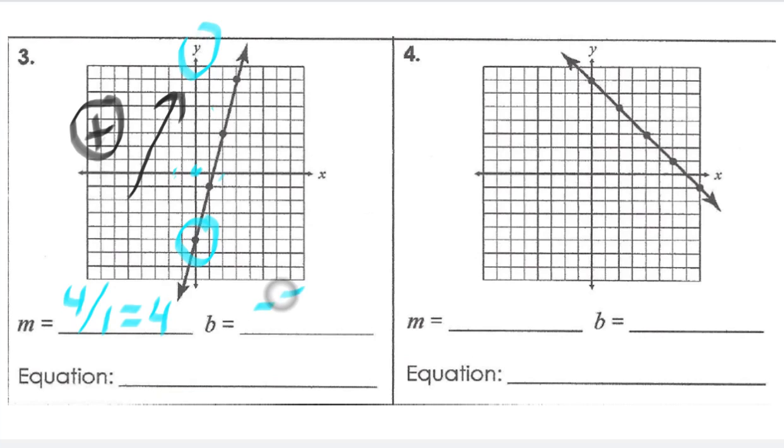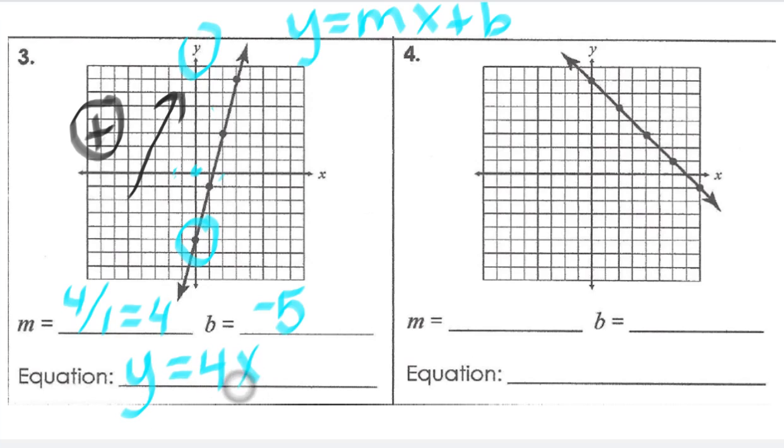Since I counted down, my answer is going to be negative, so it's negative 5. So just remember this always: y equals mx plus b. Now I'm going to fill in my slope and my y-intercept into that equation. So y equals 4x minus 5.